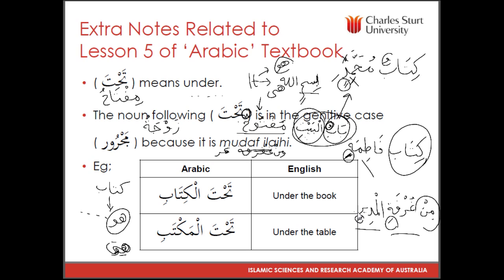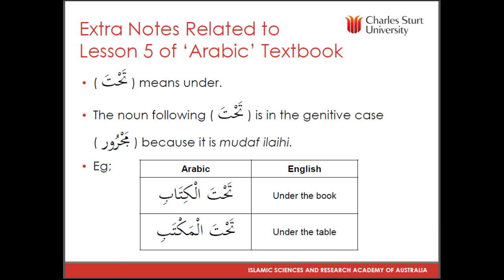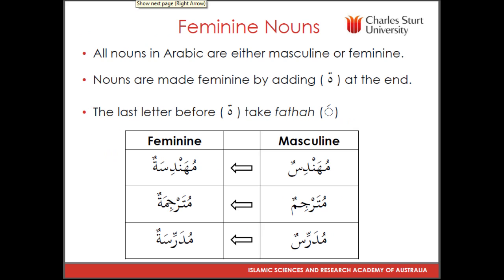All nouns in Arabic are either masculine or feminine, as a gender. That's why it is either masculine or feminine. Feminine nouns have ta al-marbuta at the end. When we add that ta, the last letter before ta takes what? Fatha. Look, examples.